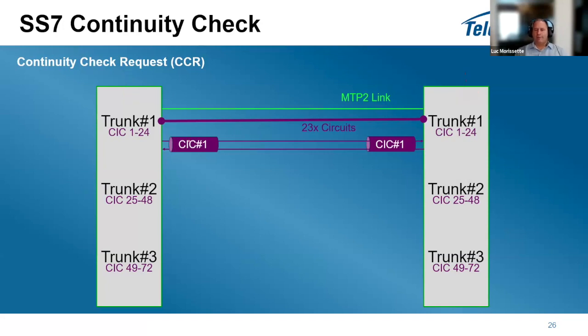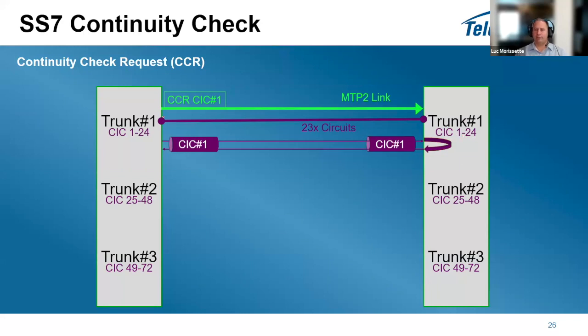So here you have, for example, CIC1 that is configured on that T1. When you select your circuit continuity check test, it will send a CCR on the line. That CCR, as I explained with the ISUP messages, also includes the CIC value. Right? So it says, I want to do a continuity check on circuit number 1. Here we know that circuit number 1 is time slot 1 end to end. Okay?